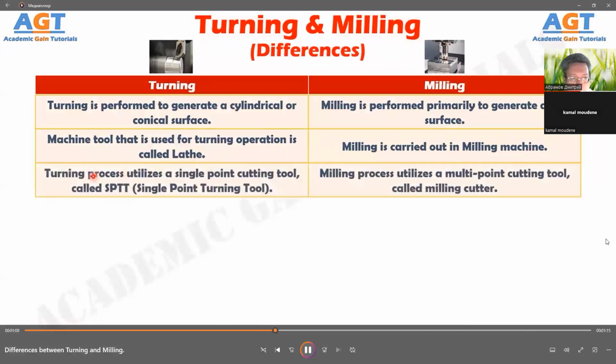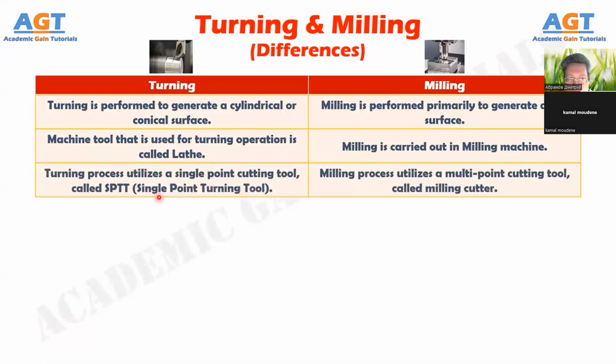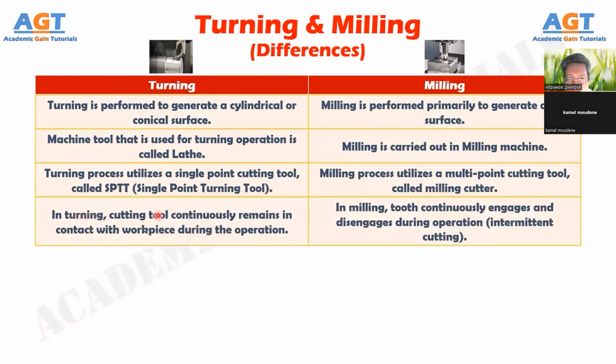Turning process utilizes a single-point cutting tool, called SPTT, which is short form for single-point turning tool, whereas milling process utilizes a multi-point cutting tool, called milling cutter. Number 4. In turning, cutting tool continuously remains in contact with workpiece during the operation, whereas, in milling, tooth continuously engages and disengages during operation, intermittent cutting.